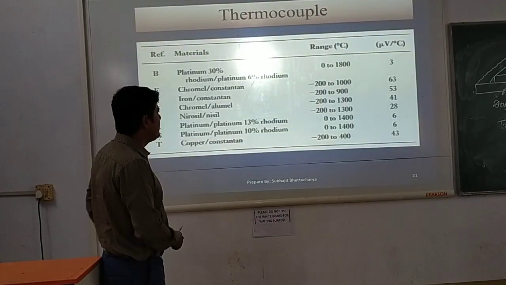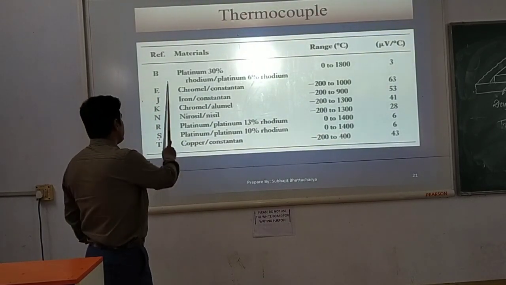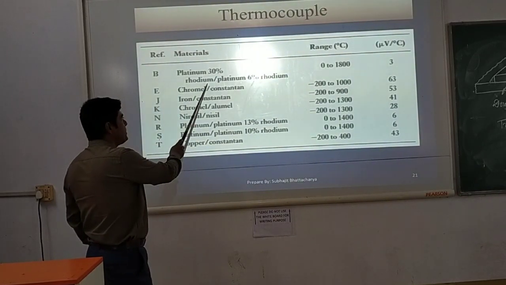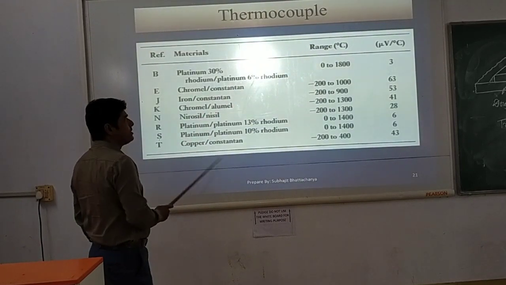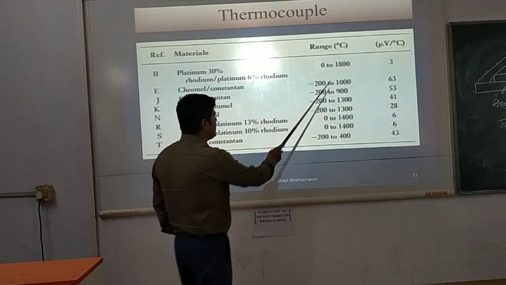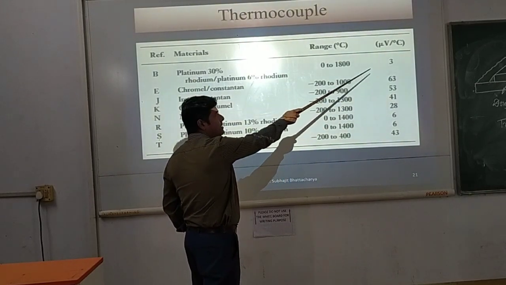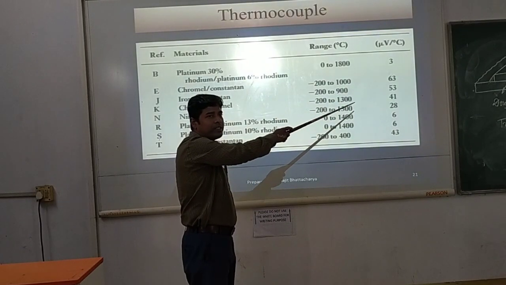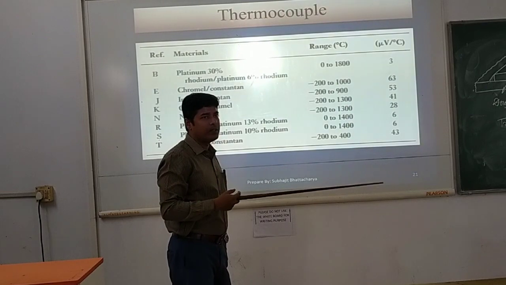So you can see in the graph these letters B, J. Now B is platinum with 30% rhodium and platinum with 6% rhodium. You can see the range is very high, and per degree Celsius it is in the microvolt range. So this must be amplified, otherwise we cannot measure sensitive temperatures.